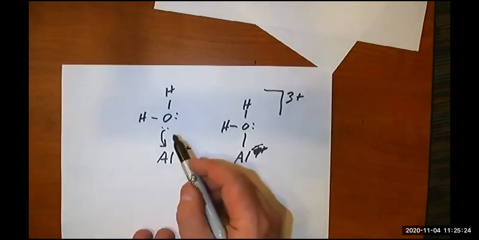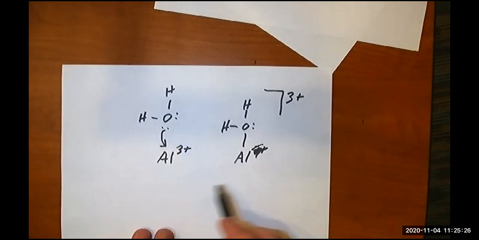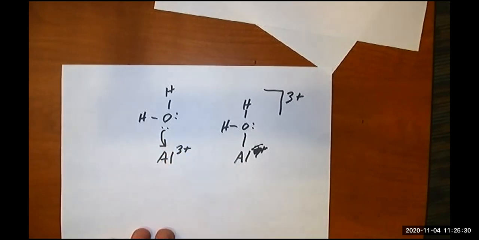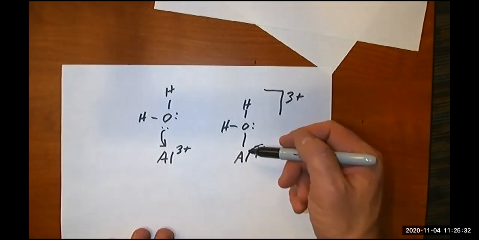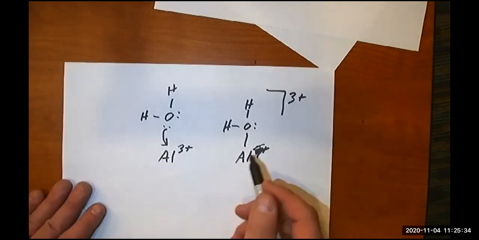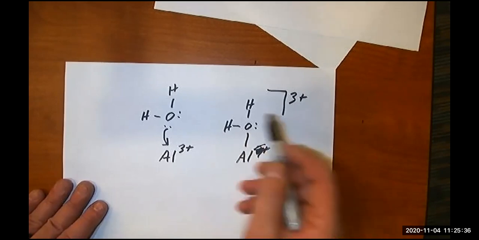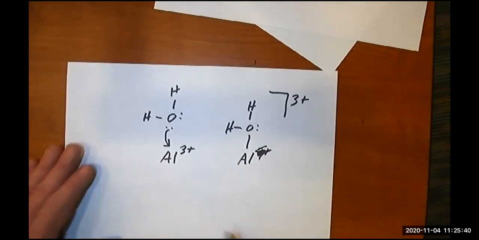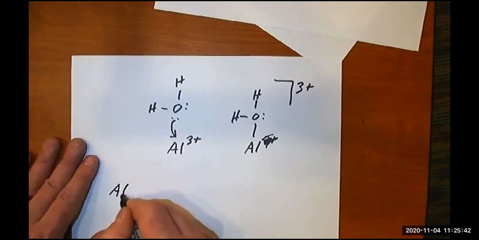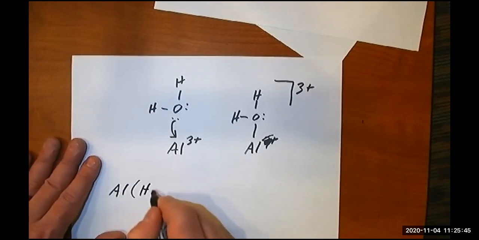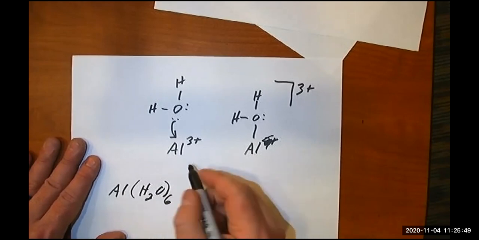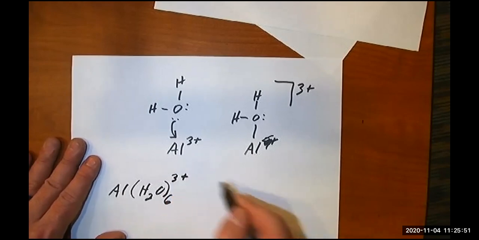And so the lone pairs can donate in a Lewis acid-base fashion to the metal ion to form a bond. And this will typically happen with a bunch of water molecules surrounding that central metal ion. So aluminum, for example, will typically have 6 water molecules associated with it.